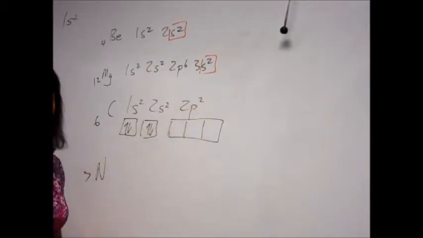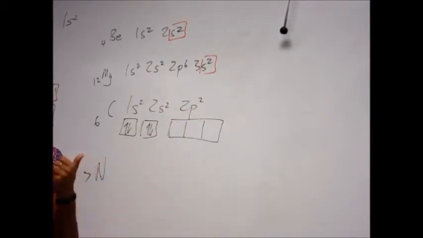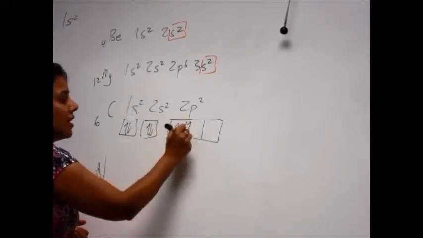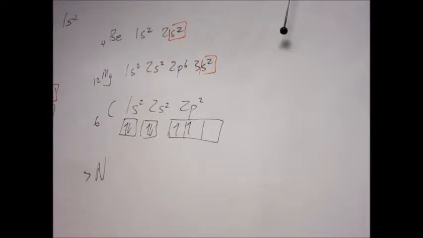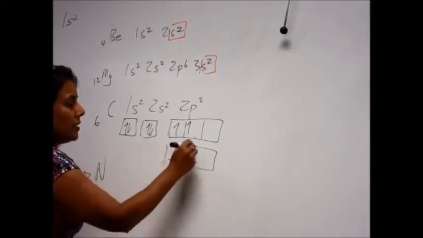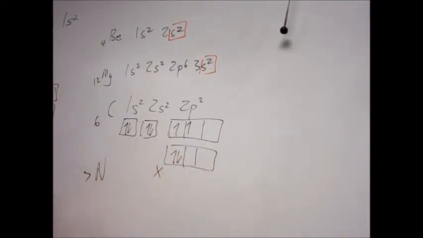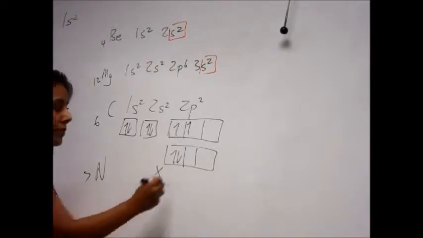Now you have only 2 electrons in this, and this is what I was trying to say, that you fill them out singly first, before pairing. So this is how it goes. That's the correct way. This would be the wrong way of filling it out. Can you fill out this way?